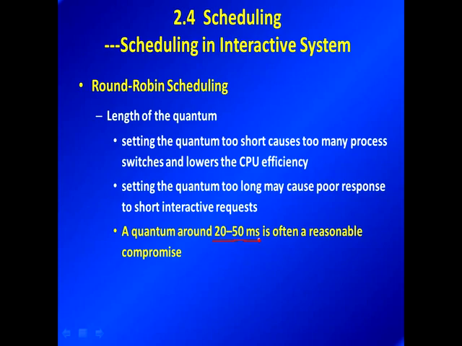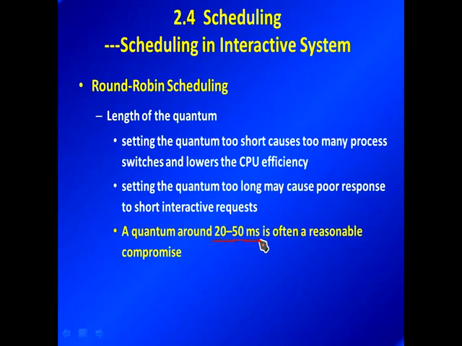We need to set a reasonable length. The quantum is neither too long nor too short, and 20 to 50 milliseconds is usually a reasonable compromise. So this is one more thing you need to know about round robin scheduling.